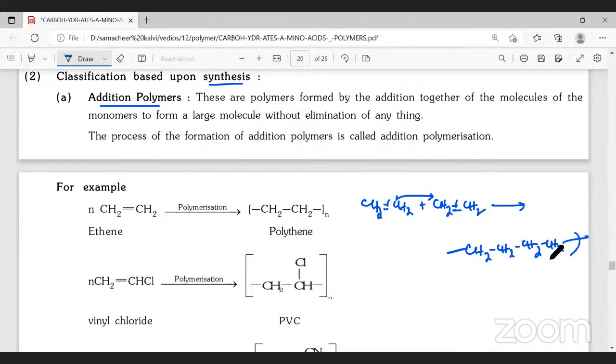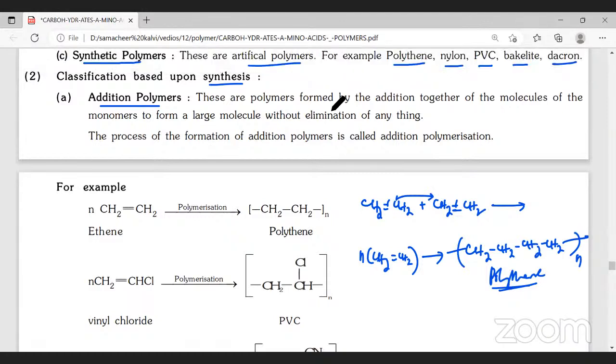A long chain we will get. We take n molecules of ethene, and this gives a polymer like this. This is called polythene, or polyethylene. There is no byproduct formed. So these kinds of polymers are called addition polymers.